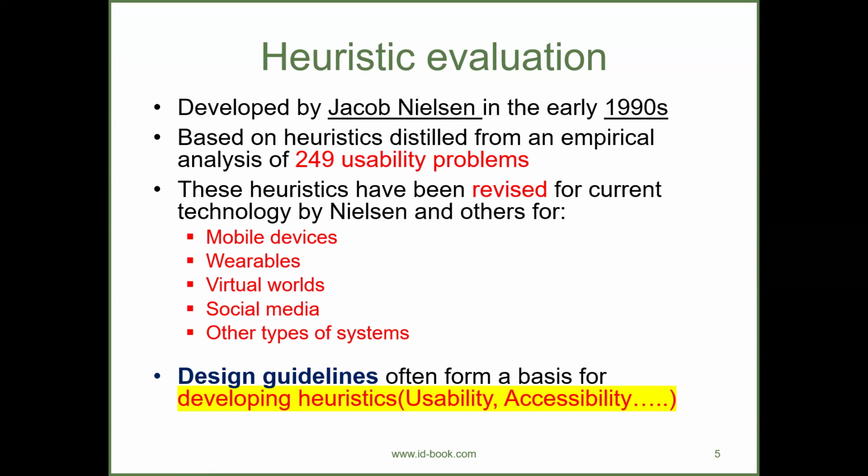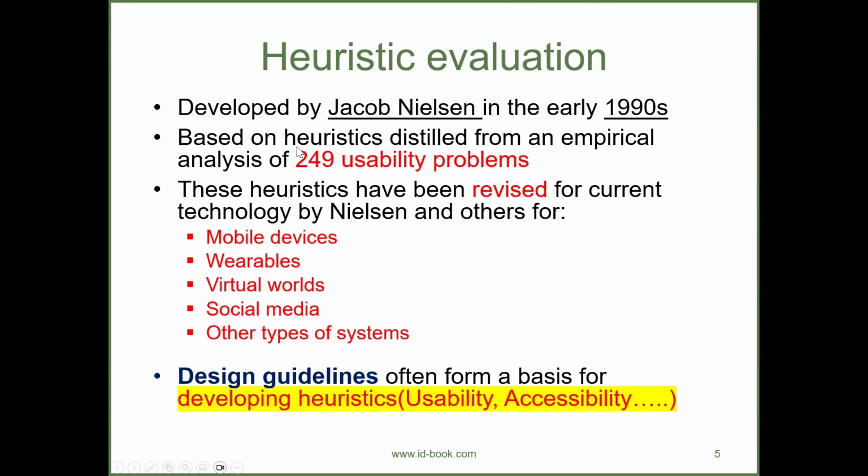That kind of problem is addressed by evaluating the digital product against a set of heuristics. Basically, this set of heuristics is made on design principles of human computer interaction. It was developed by Jakob Nielsen in the 1990s.